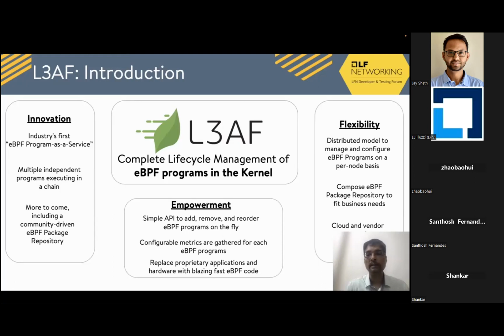LEAF provides complete lifecycle management of eBPF programs with the help of an advanced control plane that has been written in Go. This control plane orchestrates and composes independent eBPF programs across our infrastructure to solve crucial business problems. Our control plane consists of two major components that work together to orchestrate eBPF programs.